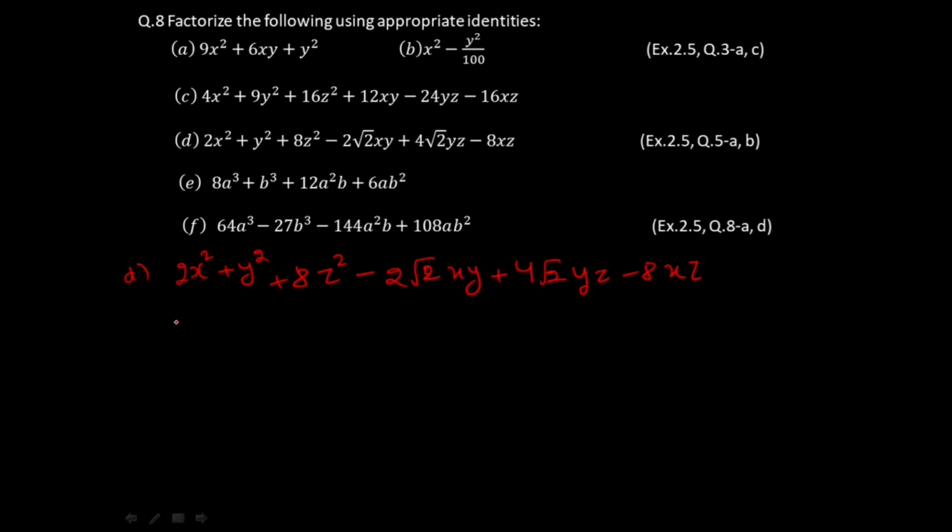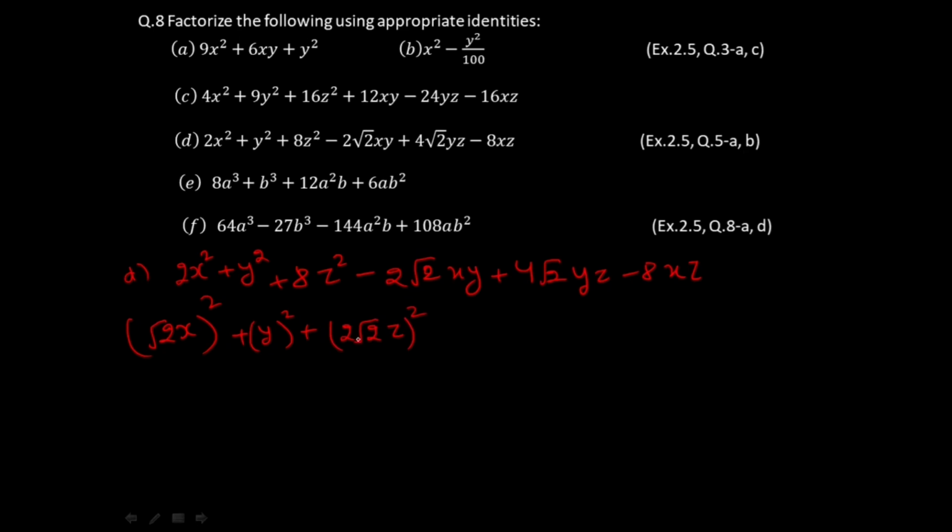Can I rewrite 2x square like this way? Yes, this square is this value only. So I'm writing this whole thing in a perfect square. Plus y square is already in the form of a square. Now this 8z square can be written as (2 root 2 z) whole square.